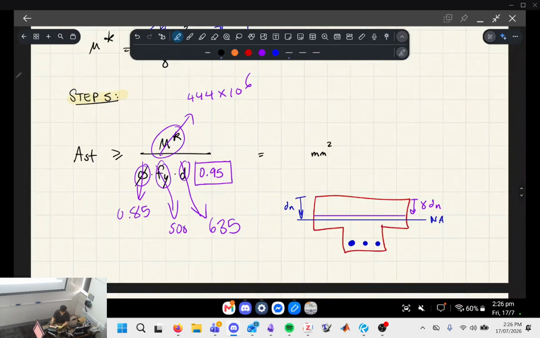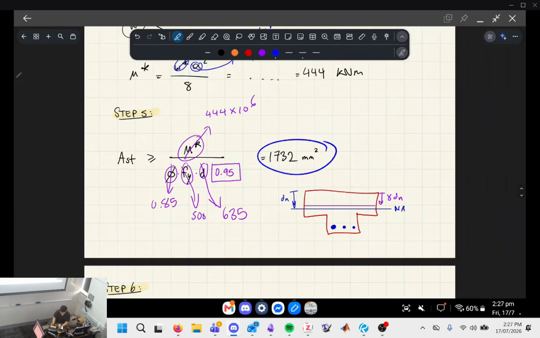Okay, so now when we compute this, we get 1,732 millimeters squared. All this is saying is that this isn't the amount of area of steel we select. All we're doing is finding a range of values which are acceptable right now for the area of steel.